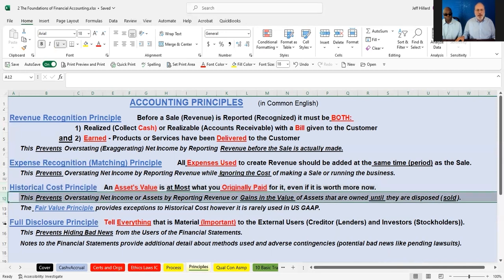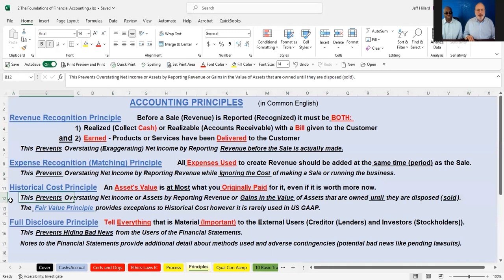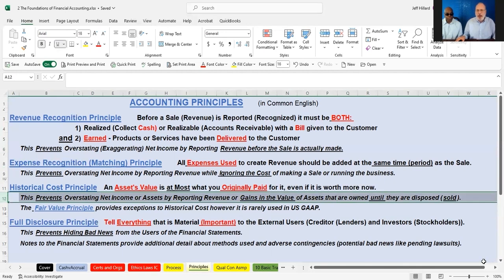If you have, let's say, a building that you bought for $100,000 100 years ago, and it's now worth $1 million, it's still booked at $100,000. And that is not right, but on the other hand, it prevents overstating net income or overstating assets by reporting gains in value that are still owned. You can report that gain when you dispose, which means sell, that asset.